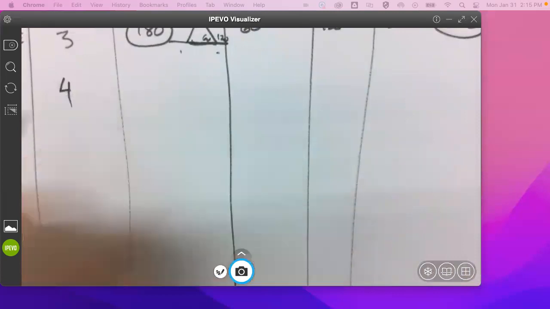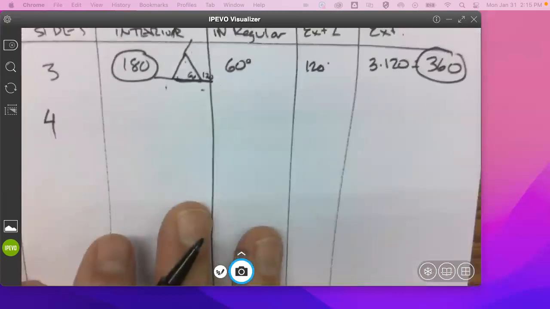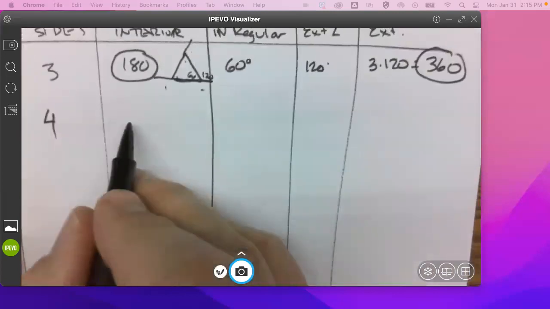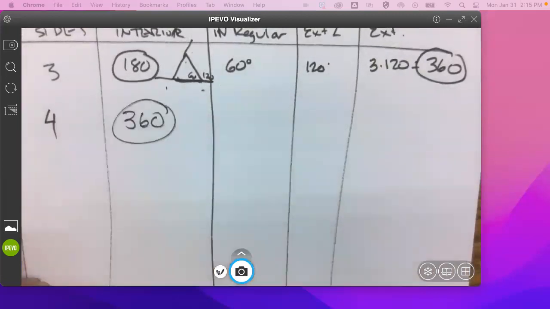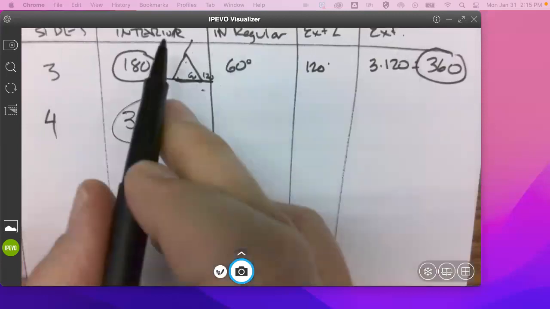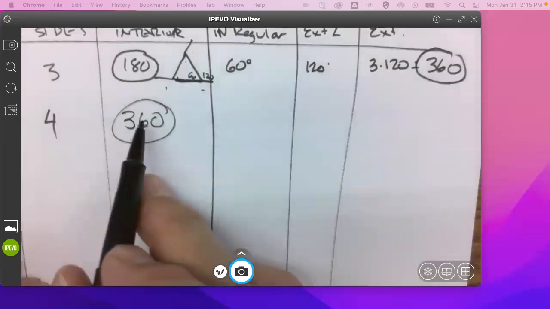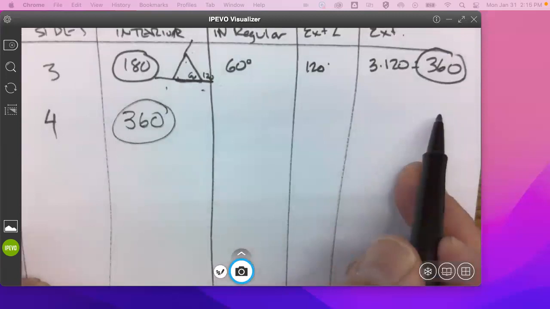What if we talked about a quadrilateral? What's the sum of the interior angles in a quadrilateral? Someone whispered it. Come on, you know, like a square has 4 right angles, so 360. Any predictions on what we get here? If this goes from 180 to 360, this would probably go from 360 to 720.